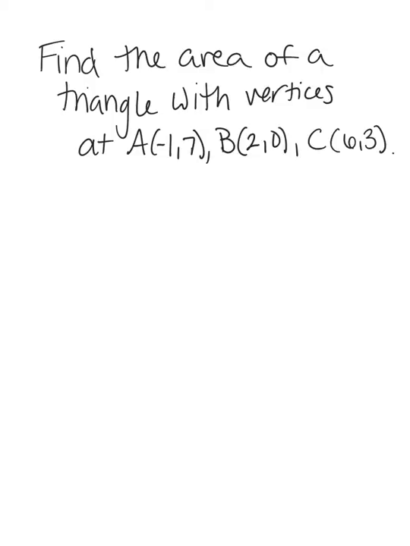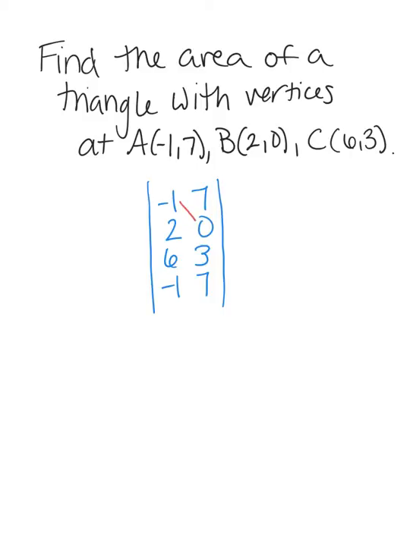What I'm going to do is I'm going to stack these 3 vertices, repeating the first one that I wrote. And then the name shoelace comes from the fact that I'm going to multiply on a diagonal.